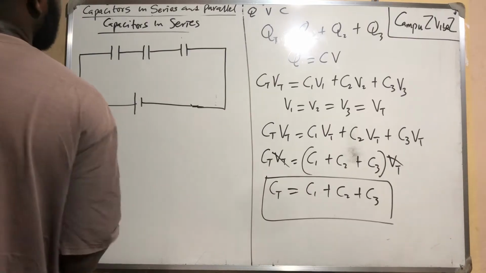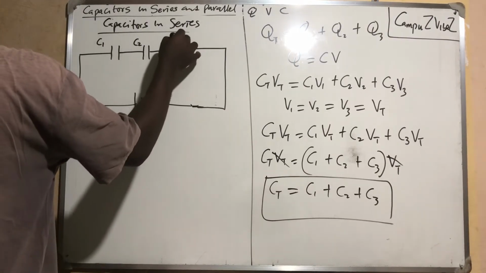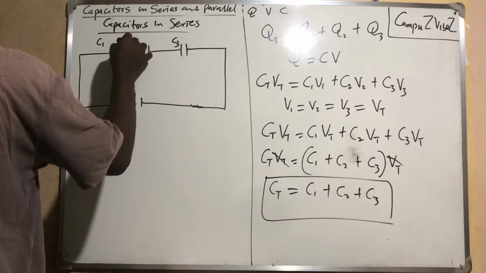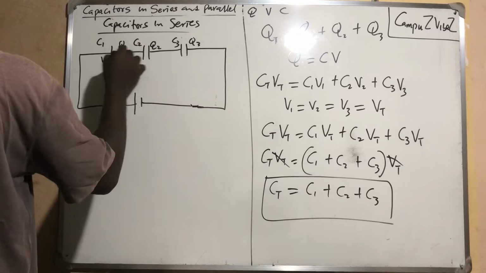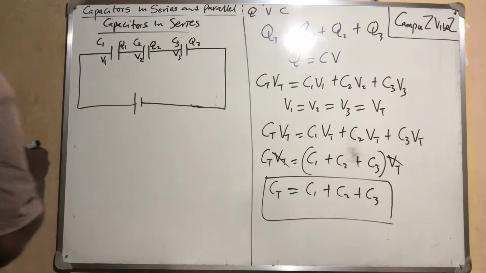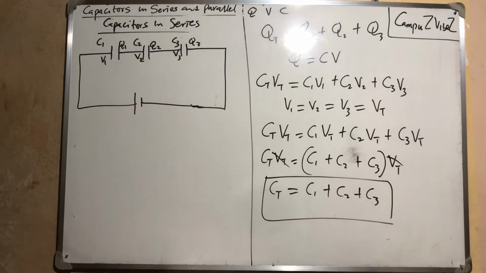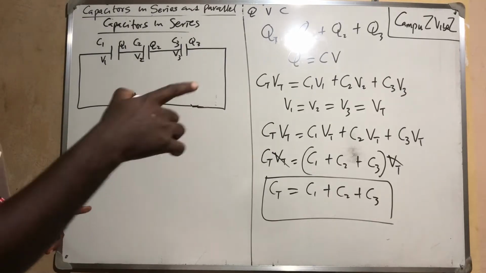So for capacitors in series, don't forget the three things. I have my C1, C2, C3, Q1, Q2, Q3, and then V1, V2, and V3. All right. Now, don't forget P to P. P to P means capacitors in parallel, that the potential difference are the same.